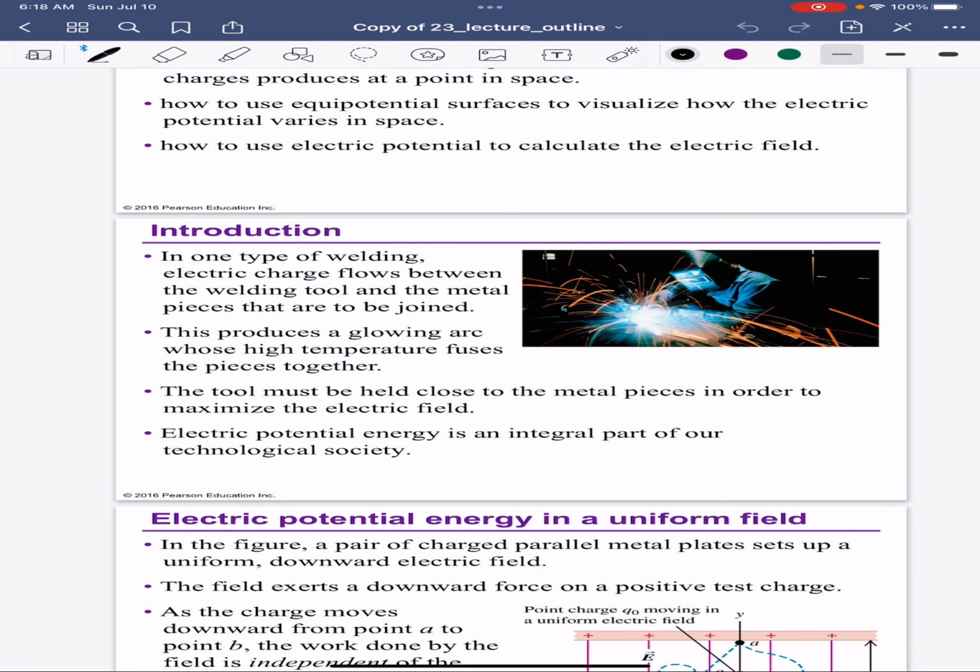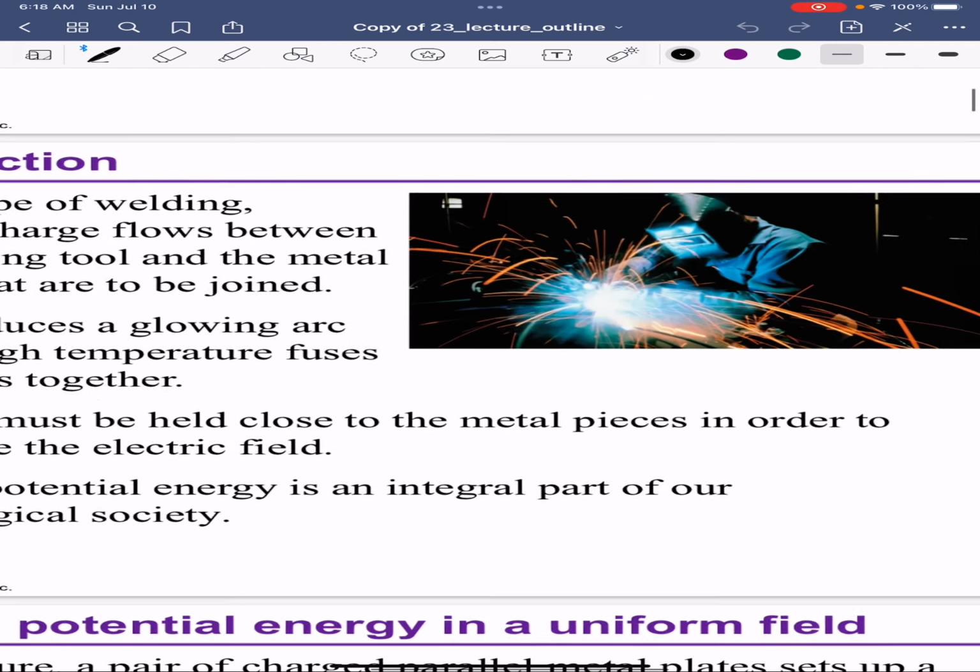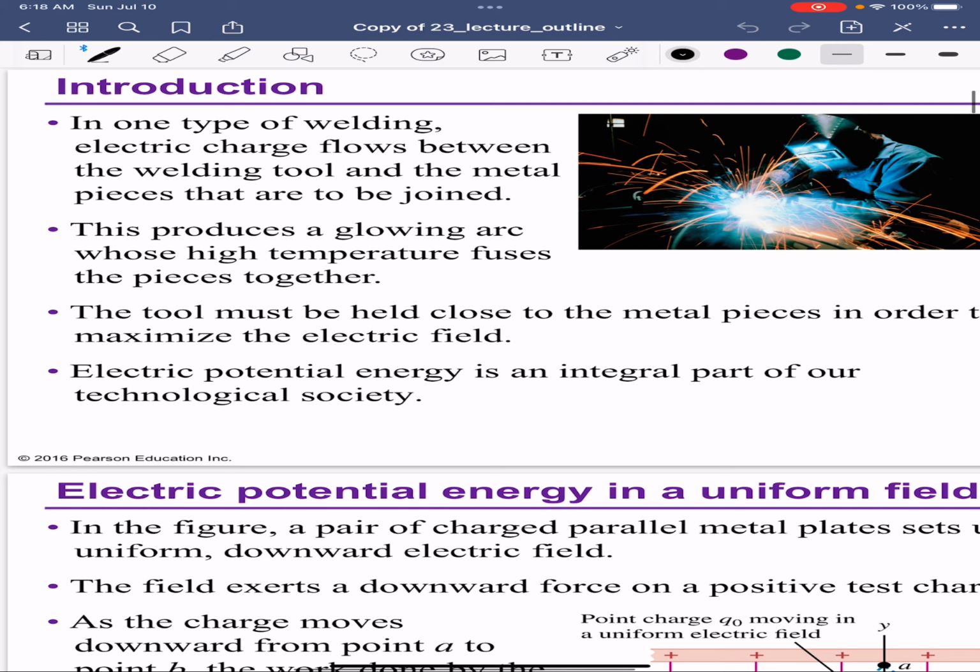Now, one of the applications is a type of welding. Electric charges flow between the welding tool and the metal pieces that are to be joined. You can see that in the picture. This produces a glowing arc whose high temperature fuses the pieces together and makes them melt.